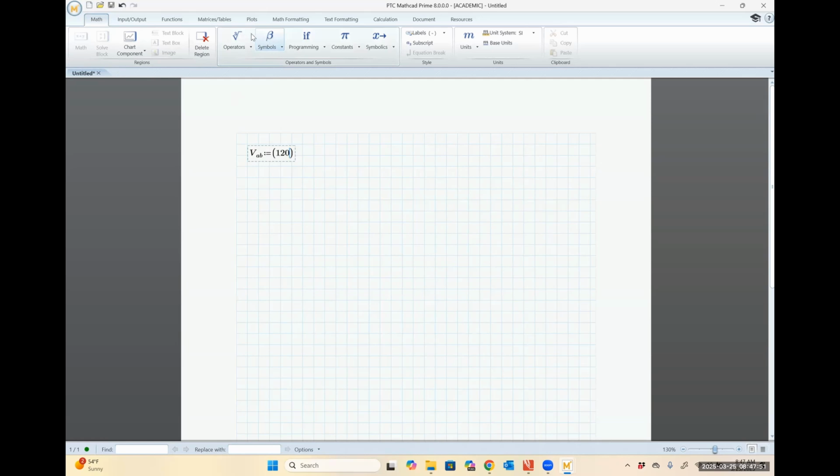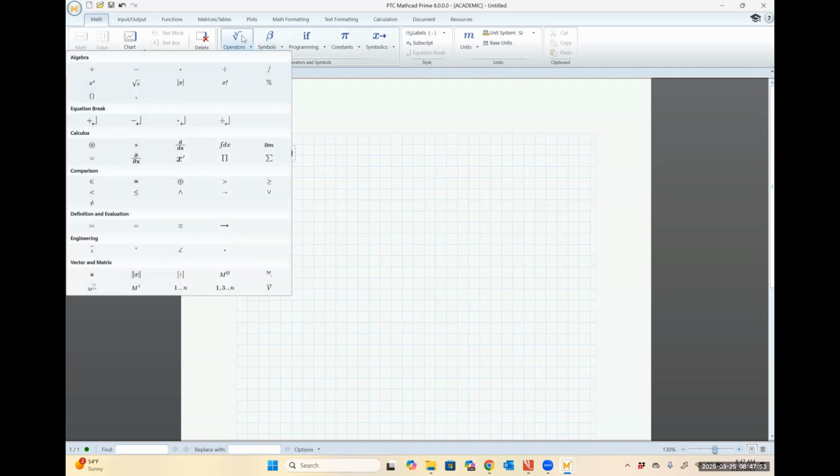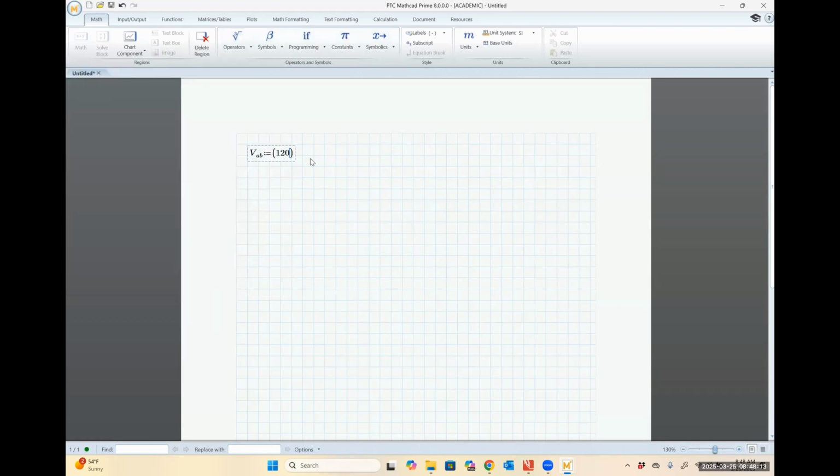And then I need to do the angle operator. If we look here in the operator menu under engineering, we can click this button to give us the angle operator, but I find that to be a pain. There is also a keyboard shortcut that says Control Shift P. So that's what I'm going to press to give me that angle operator. Now I'm going to type 0.